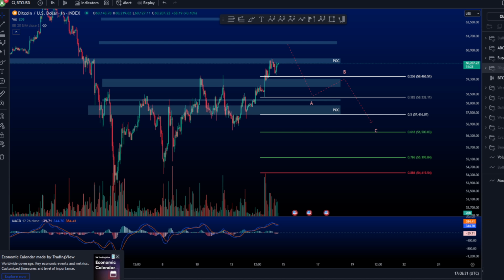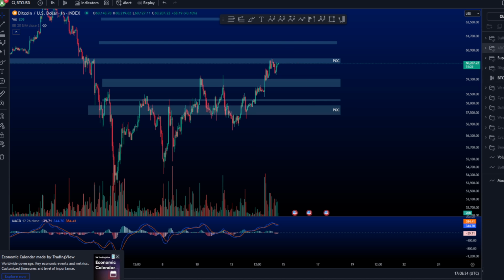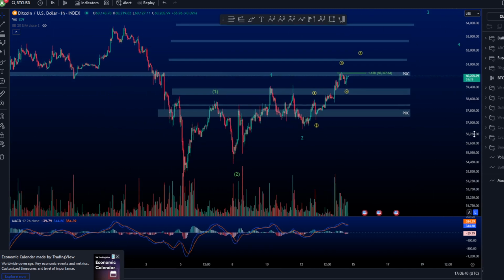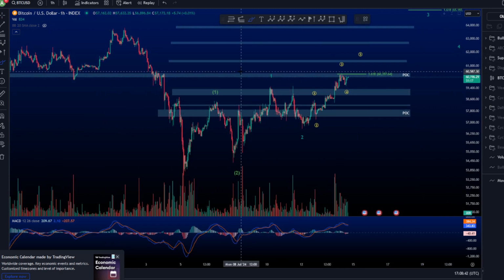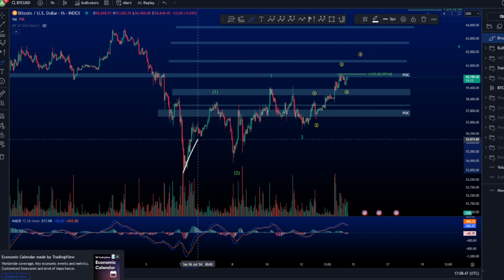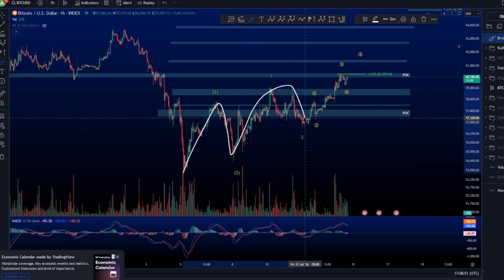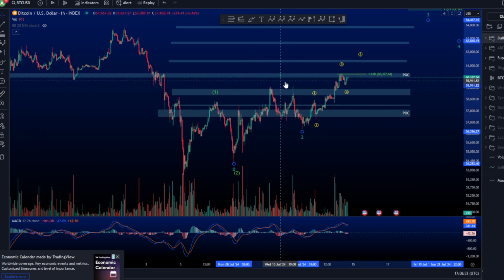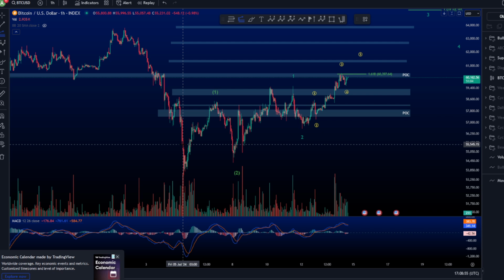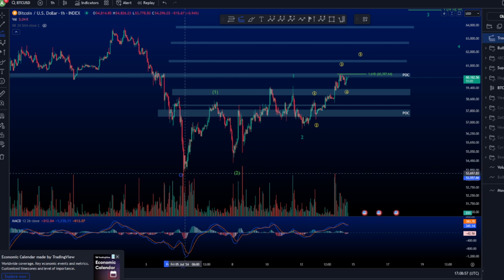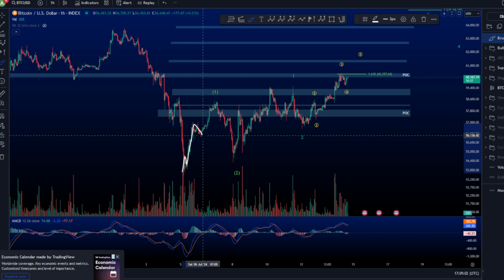However, another bullish scenario could be on the way, which is this one. It could be a triple or double 1-2, which is like 1, 2, then 1 and 2. So the 1 should be here actually. So we have here a wave 1, and 2, 3, 4, and 5.